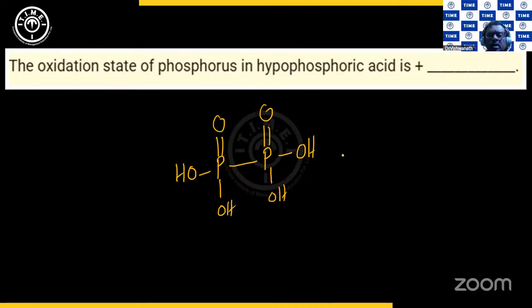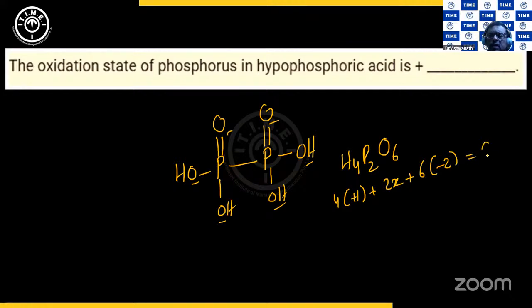Now you can put this as H4P2O6, is it? 1, 2, 3, 4, 5, and then 6. Yes. So 4 into plus 1 plus 2x plus 6 into minus 2, that whole thing is equal to 0. So x is plus 4. Clear? If it was pyrophosphoric acid, one oxygen will be there in between, and then it will be plus 5. Clear?